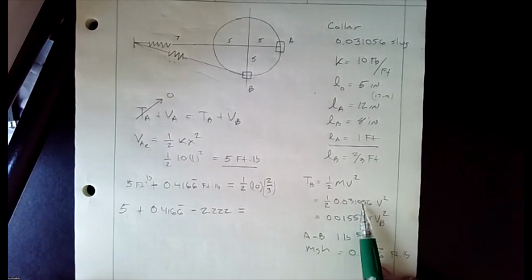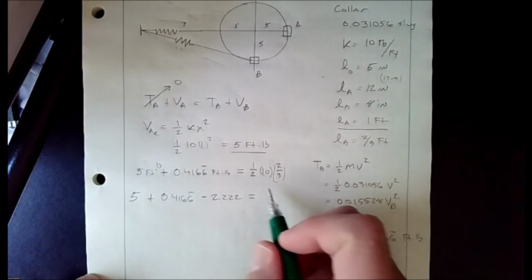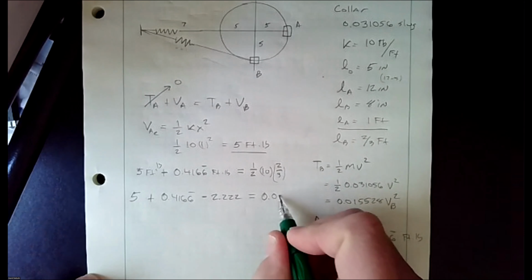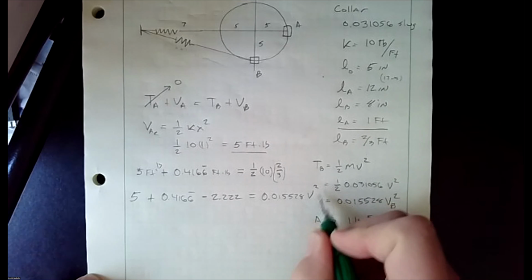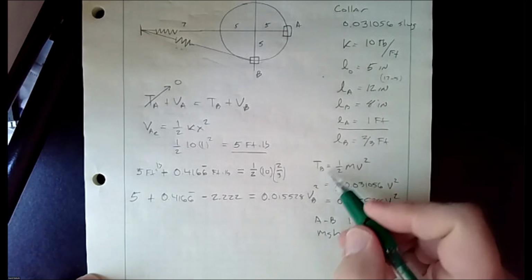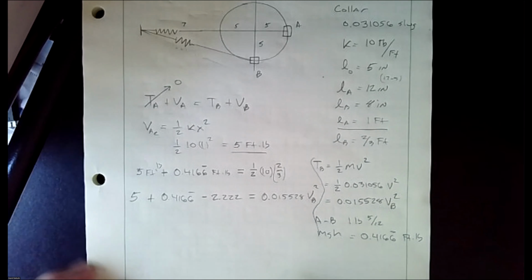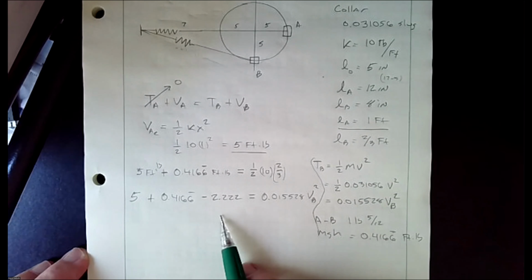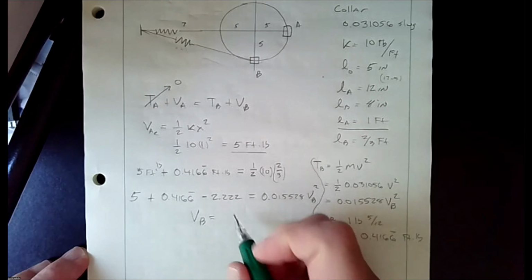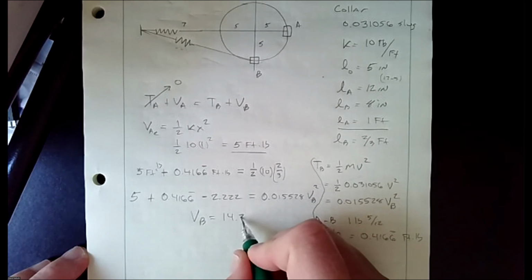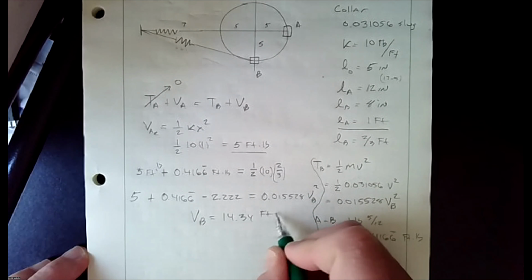That's how many slugs I have. So when I multiply by 1/2, I get that. So this is going to equal 0.015528 v squared of b. So now we just solve for b, and we know our value for velocity of b at that point is just equal to 14.34 feet per second.